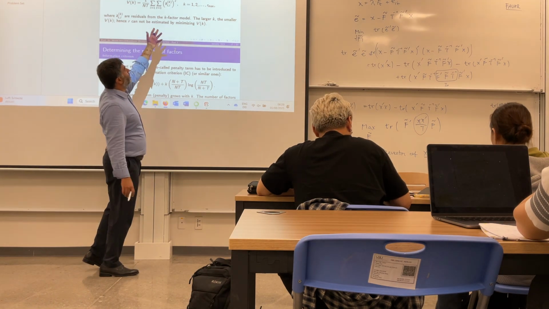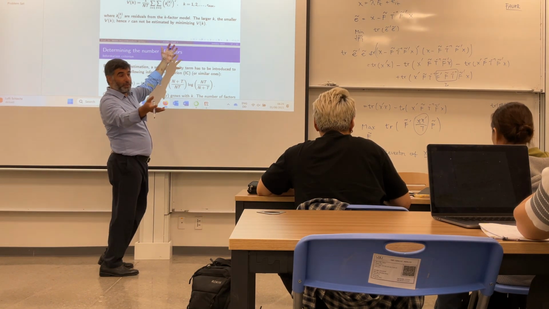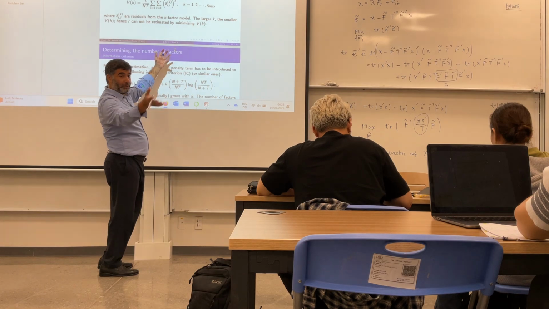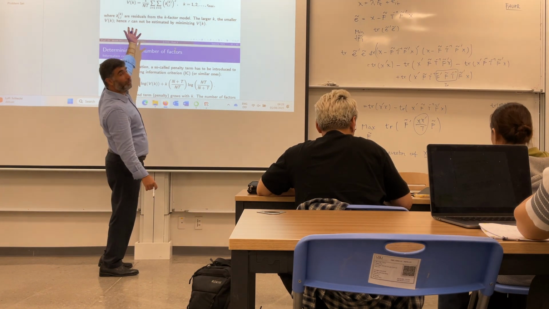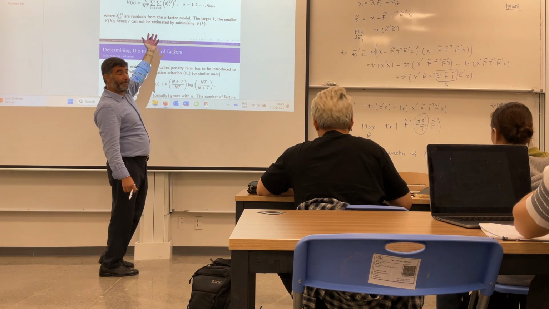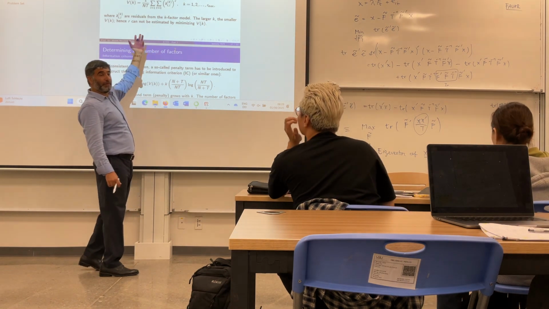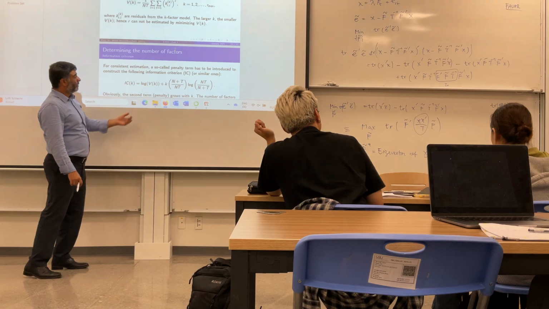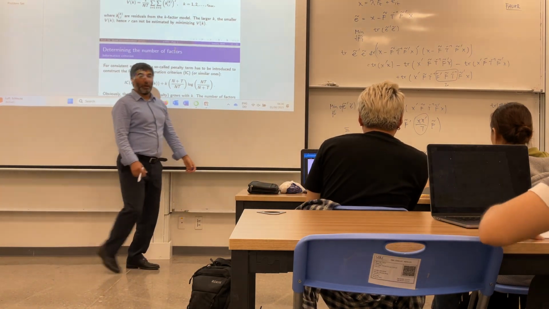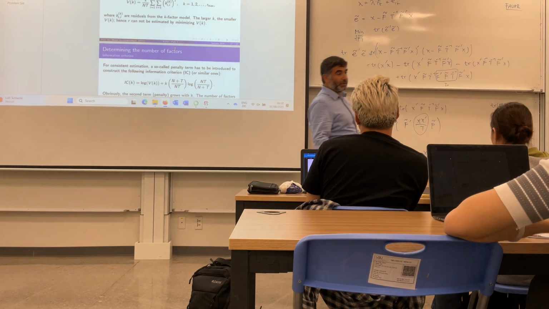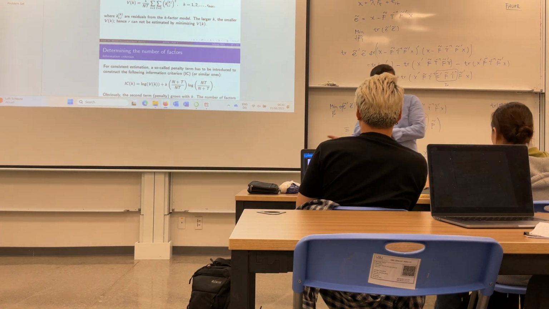Let's say you estimated with one factor. You assume R is 1, and 2, and 3, and so on. For each of them, you have a normalized sum of the square of the residuals. You can think of it as the variance. Then the information criteria always have the log of the variance plus some punishment.